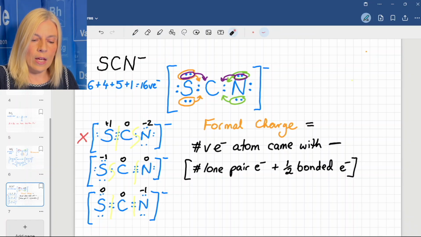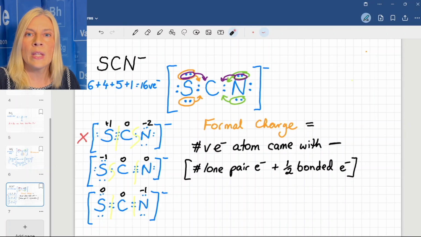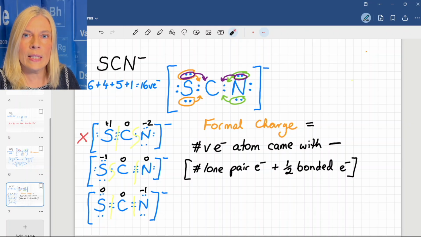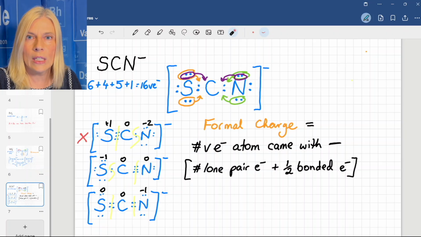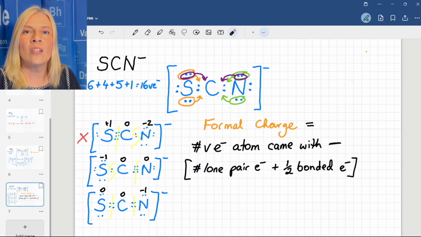Now I have a choice between second and third structure. Which one is the best? So here is the key. The more electronegative element will have a negative charge on it. So the more electronegative element, the one that pulls electrons more strongly to itself, will be the one with a negative charge.